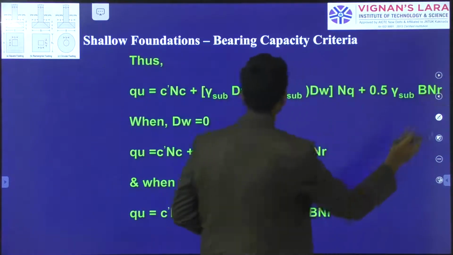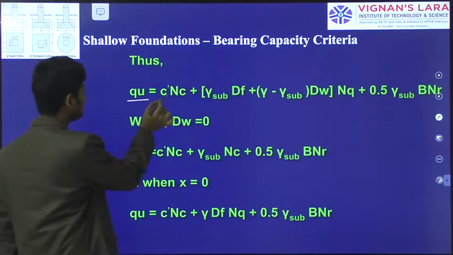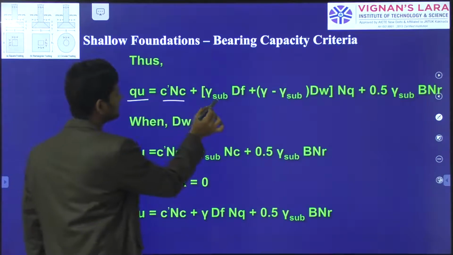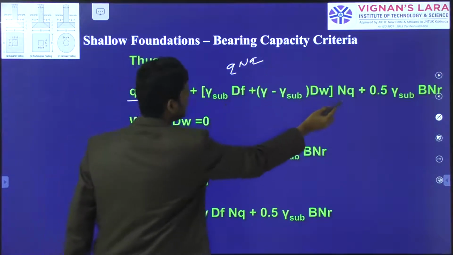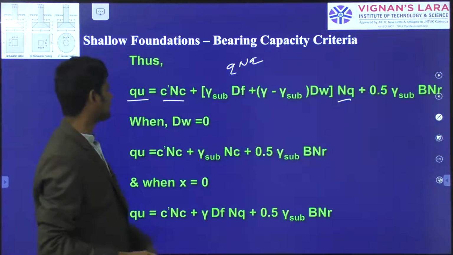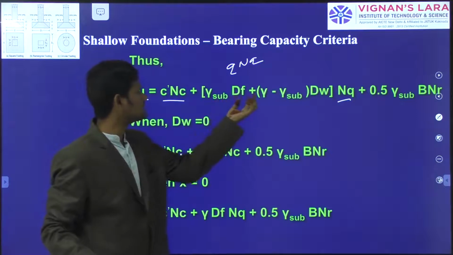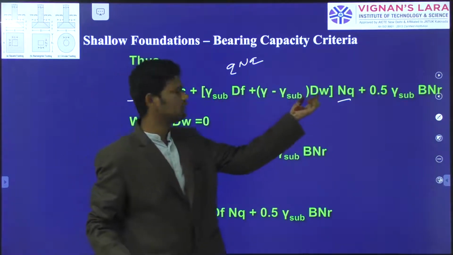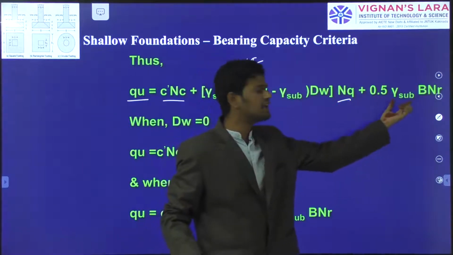Next, the ultimate bearing capacity qu equals cNc plus qNq, where Nq is the bearing capacity factor, and q, the submerged pressure, is gamma submerged into df plus gamma minus gamma submerged into dw, into Nq, plus 0.5 into gamma submerged into B into N gamma.